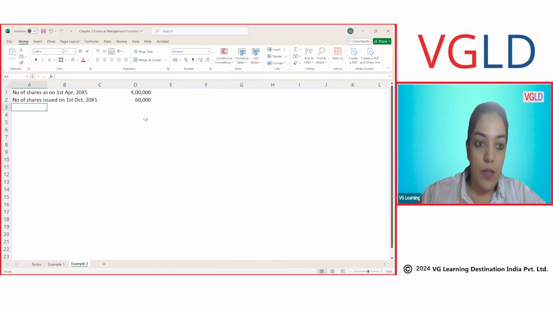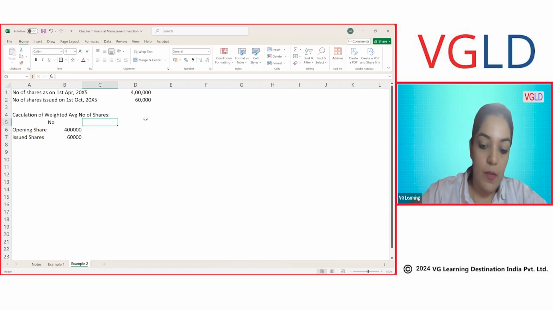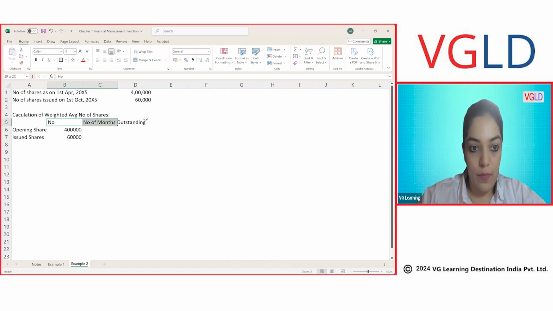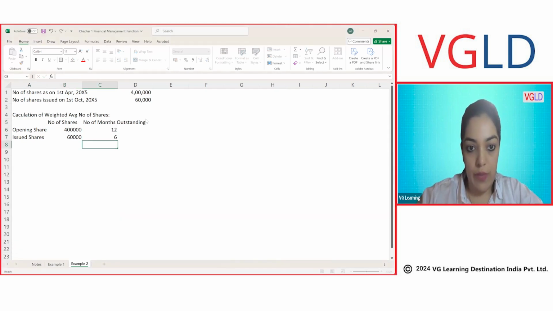Okay, so calculation of weighted average number of shares: opening shares, issued shares, number 60,000, number of months outstanding. 12 and 6.